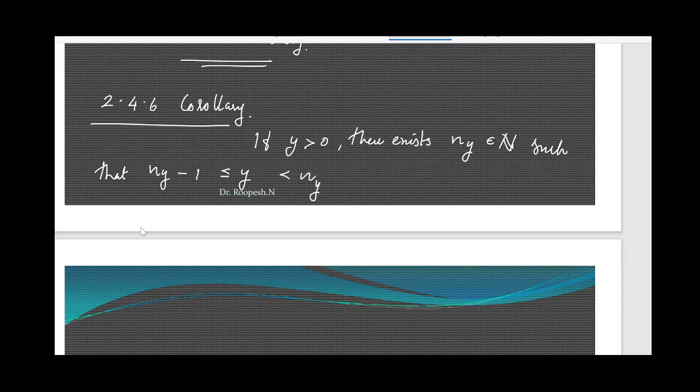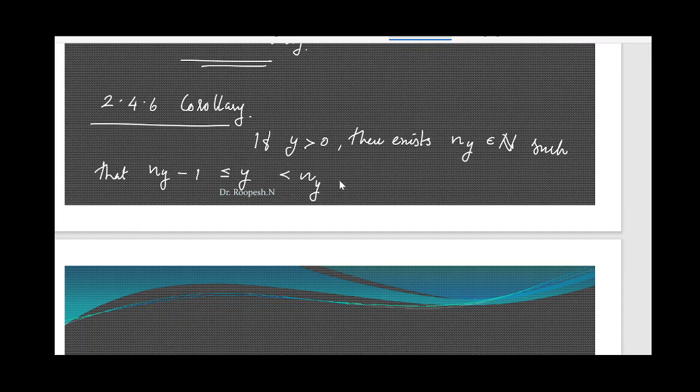If y is greater than 0, there exists n_y which belongs to N such that n_y minus 1 is less than or equal to y, it is less than n_y.